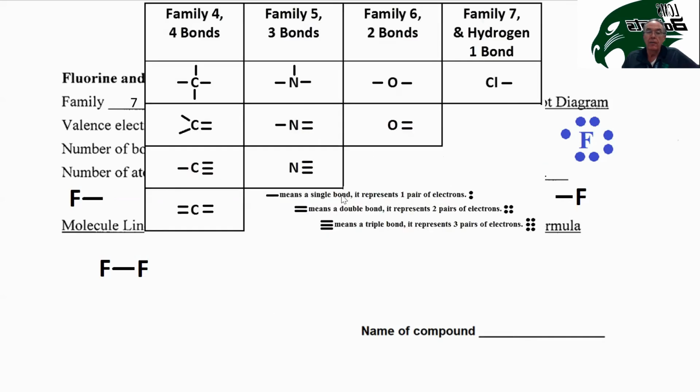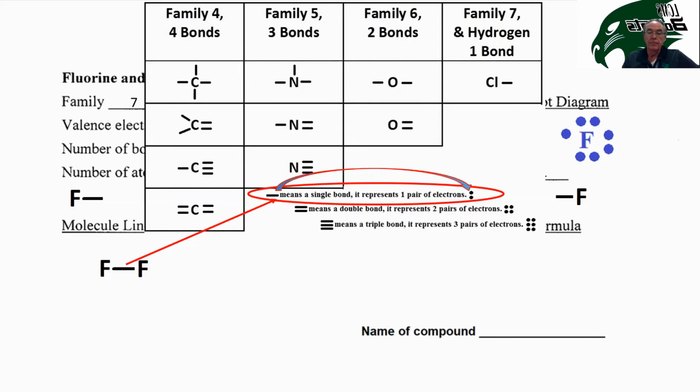When we look at this chart, single bond means 1 pair of electrons. 1 from the atom on the left, 1 from the atom on the right. Remember, they're sharing. So when we do the dot diagram, this single bond means a pair of shared electrons.